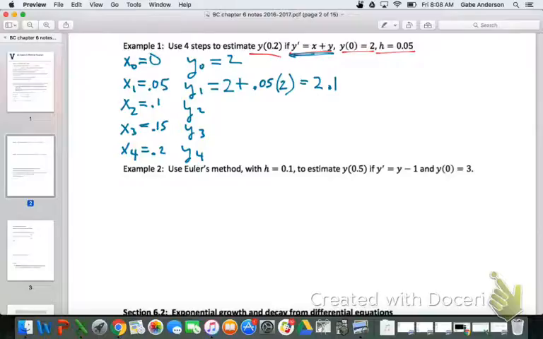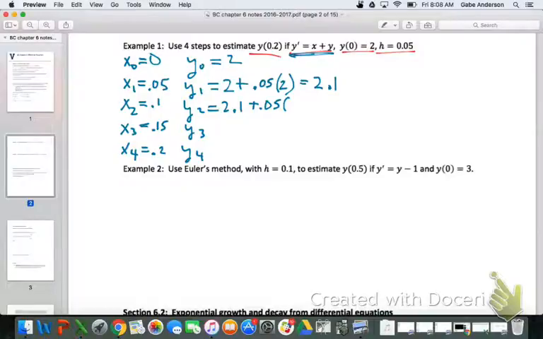So let's keep going. You'll get some repetition here. Okay, so y2 is going to be based on just the most immediate previous point. So y2 is going to equal the previous y-coordinate, which is what? 2.1, plus the step size times the slope at the previous point.